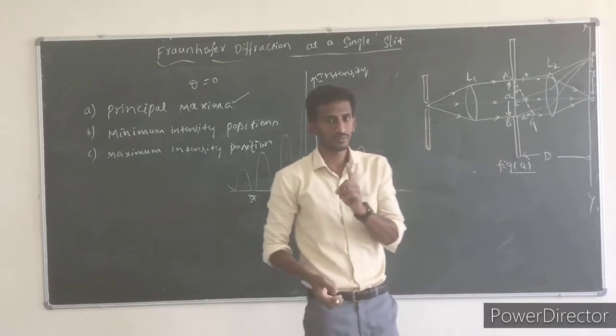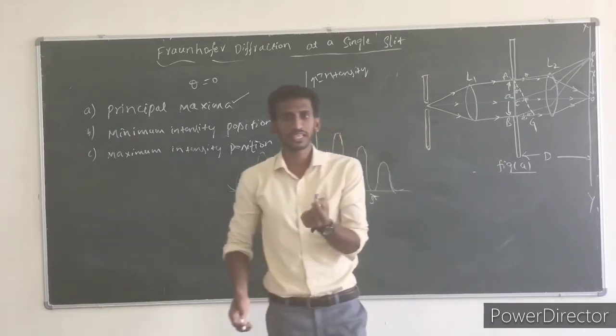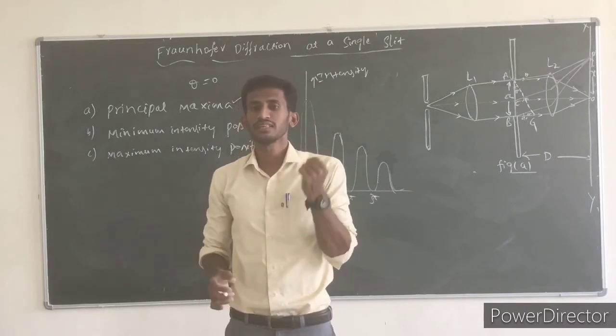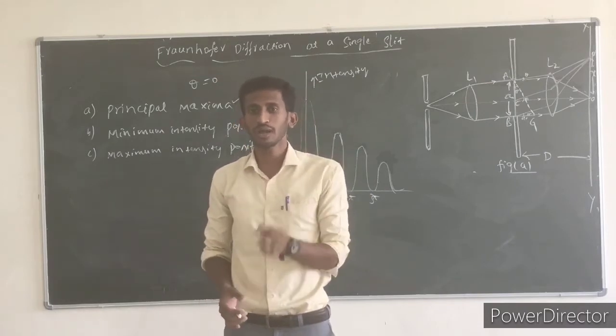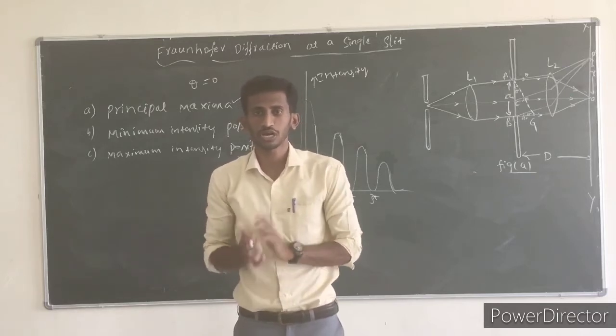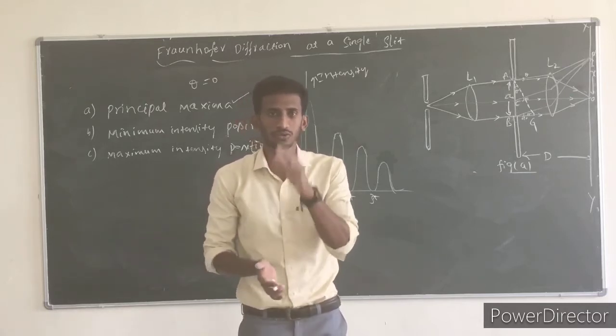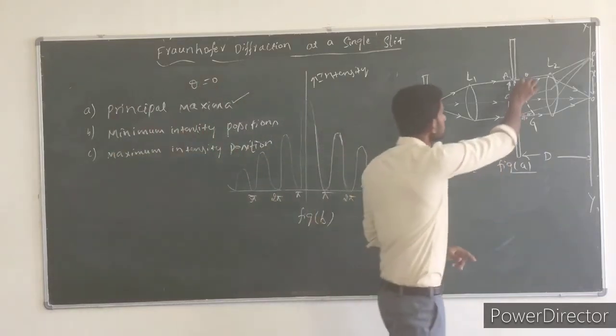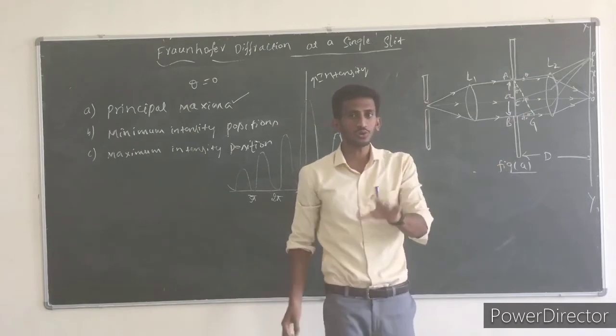I will explain once again. We get the principal maximum, or the maximum intensity, only when theta is equal to 0. Theta equal to 0 is nothing but this angle being equal to 0.